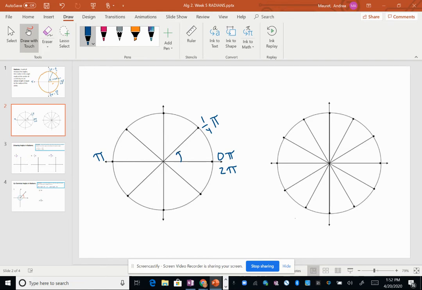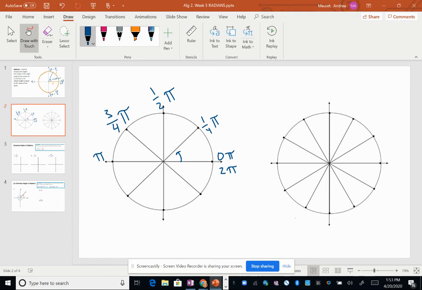All the way up at the top would be 2/4 of pi. But we know 2/4 is 1/2, so I'm going to rewrite that as 1/2 pi. This is 3/4 of pi. And then 4/4 or pi, same thing. 4/4 of pi and pi would both be equal to 1 pi.